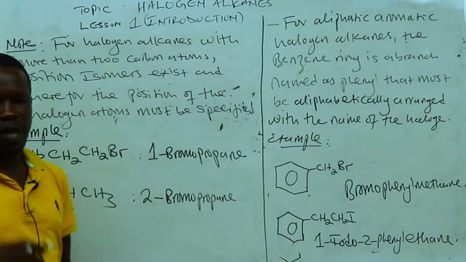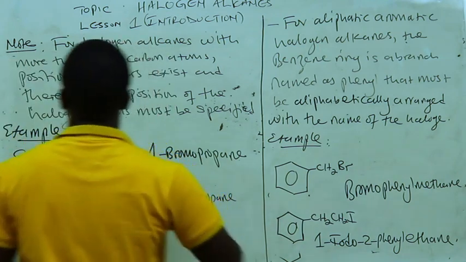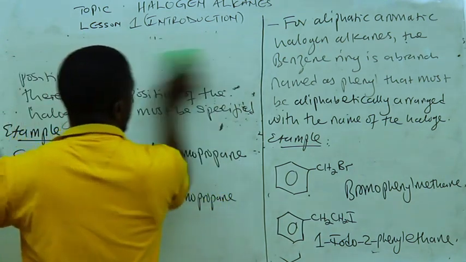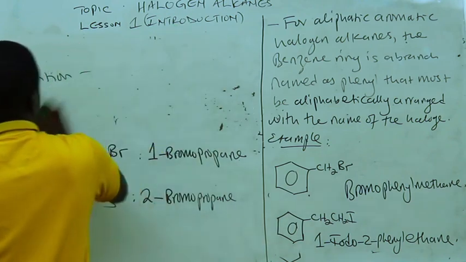I want now to look at the isomerism in halogen alkanes.